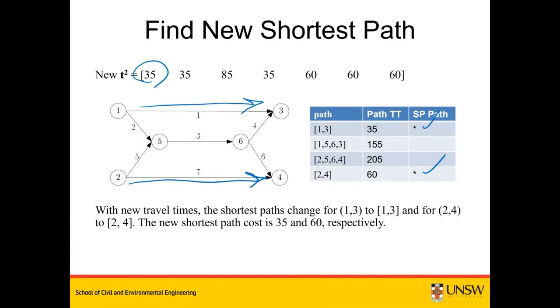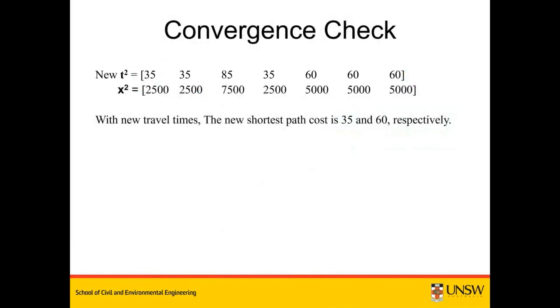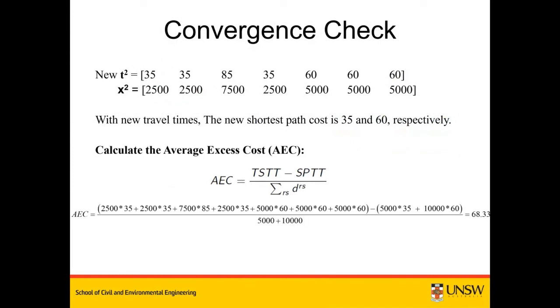Because this path only has link 1, the cost of this path is 35. And the cost of this path is 60, right? So this is 35 and 60. This 60 comes from here. And now, if we want to calculate the AEC, it would be like this, where we first find the TSTT.